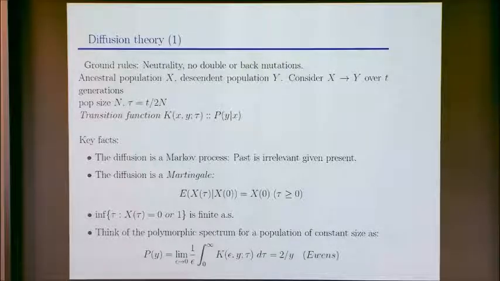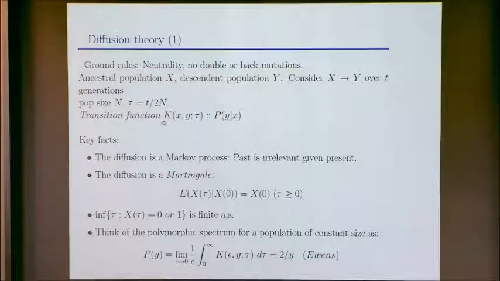We have an ancestral population, and imagine you have one edge on my tree. So you have an ancestral population X, a descendant population Y, here's some drift, T generations, and the population size is N. So the standard diffusion timescale is you say that the drift time is tau, which is T over 2N. So on the diffusion timescale, coalescence occurs at rate 1, which is why we do this.